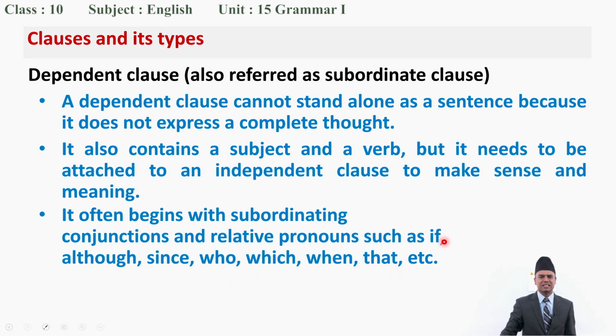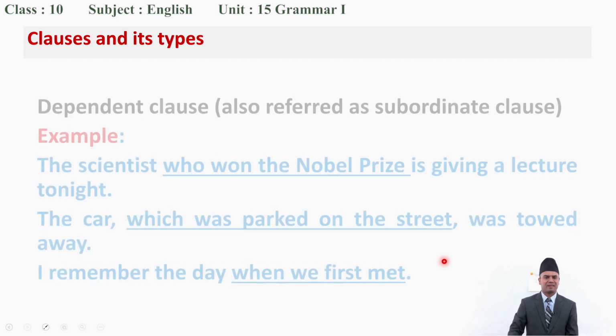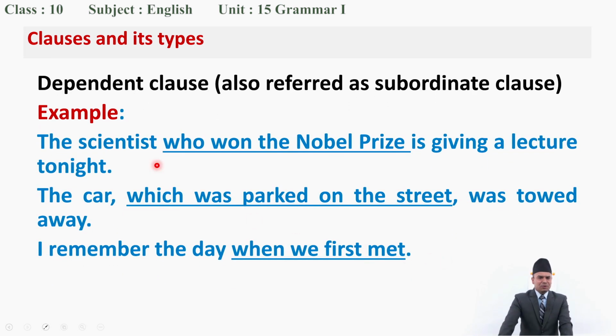These are the relative pronouns. So to make the sentence meaningful, to make the sentence complete, it requires some relative pronouns such as if, although, since, who, which, when, that, etc. So let's see the example. Dependent clause, also referred to as subordinate clause.